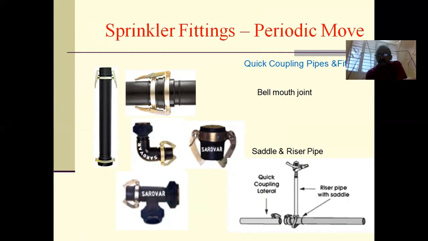So this is one full setup. A saddle, a riser pipe, and a sprinkler can be put together and can be taken out, and it can be fitted at any place after we irrigate one place.